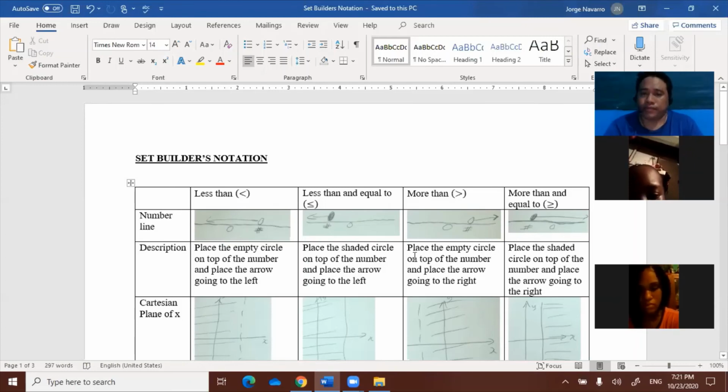For more than, it says place the empty circle on top of the number, which means the number in the range, and place the arrow going to the right. And lastly, more than and equal to says place the shaded circle on top of the number of the range, of course, and place the arrow going to the right.